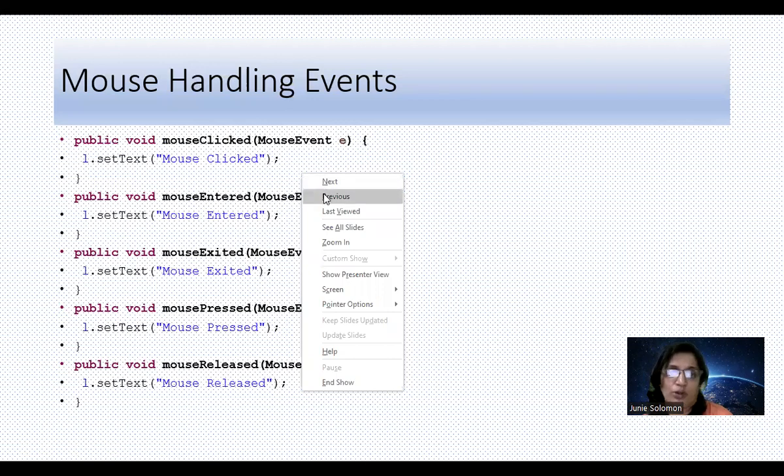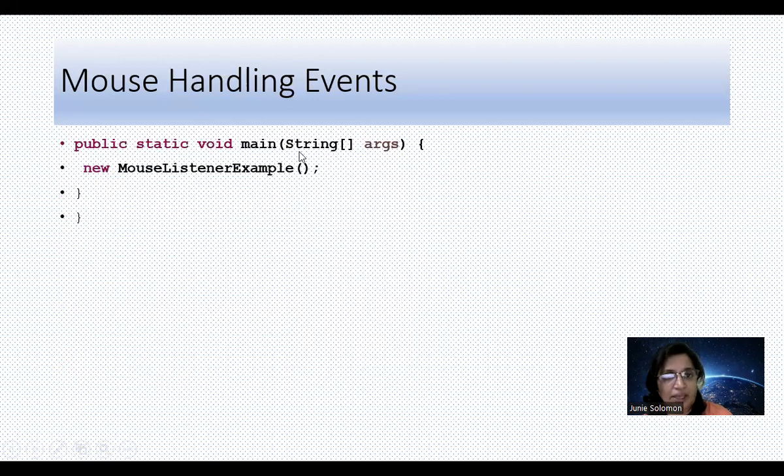Okay, so next what you have to do is write the main and create the object. Here we don't need a variable, we just say new MouseListenerExample. I have already written the constructor, as you can see in the previous slide.